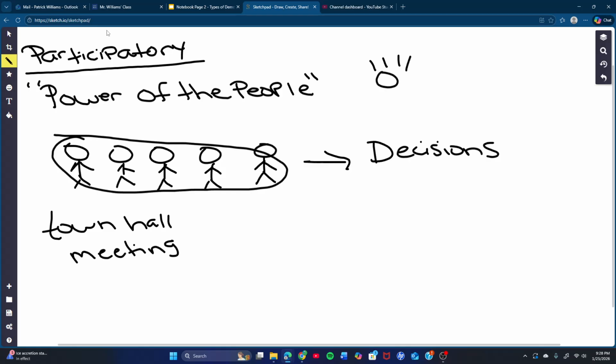All of you are attending this town hall meeting, and town hall meetings are basically where you get information. This is where you acquire information about what's going on with local government. You get to understand what decisions are being made, how they're being made, who's making them, and why they're making them.